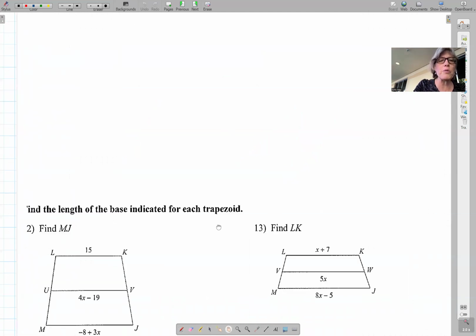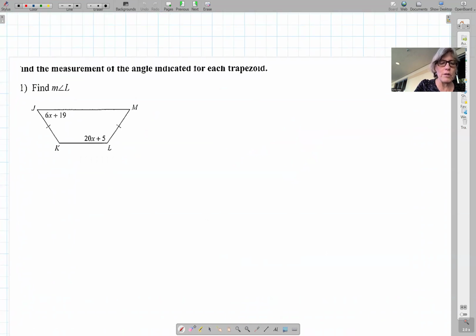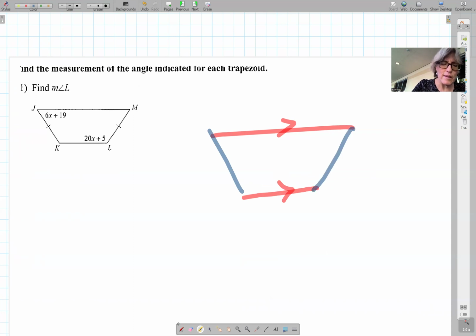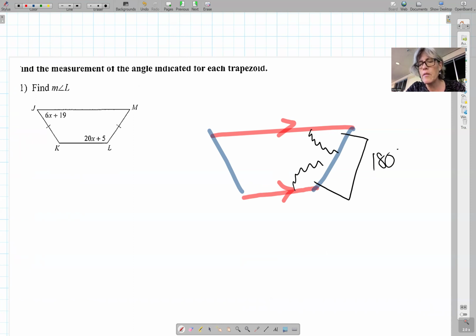Trapezoid, a couple things you want to remember about a trapezoid. Because we have one set of parallel lines, and one set of non-parallel lines. Remember, the parallel lines give you consecutive interior angles, which means these angles connected to the parallel lines, the leg angles, add up to 180.